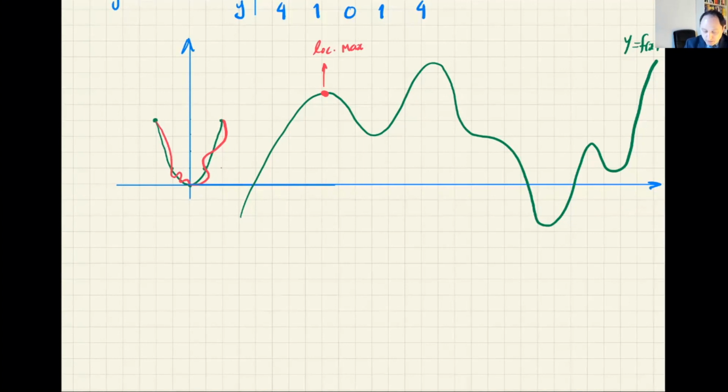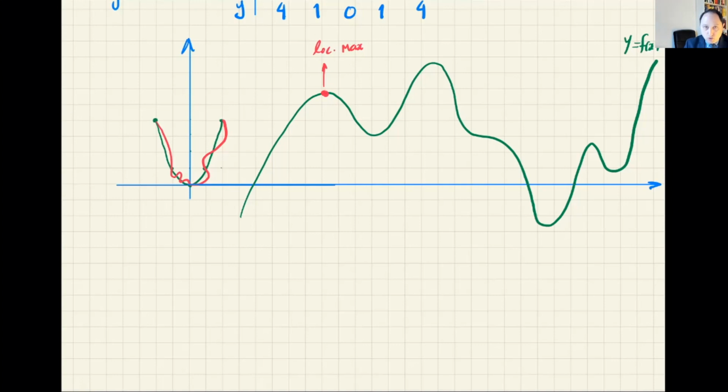First of all, why do we say maximum? Because it is clear that this is higher than the points around it. But why do we say it's local? Because even though it is higher than the points around it, it is still lower than this point. So I cannot say that this is the maximum of the whole function.